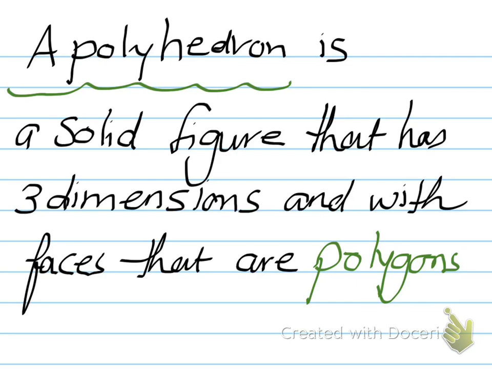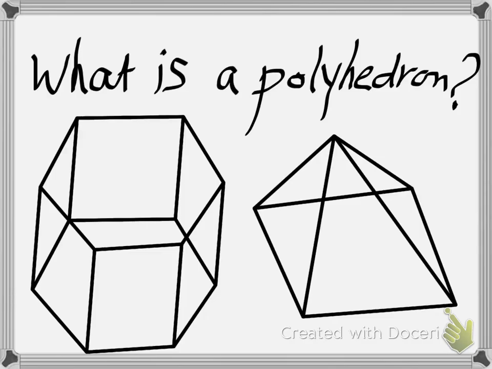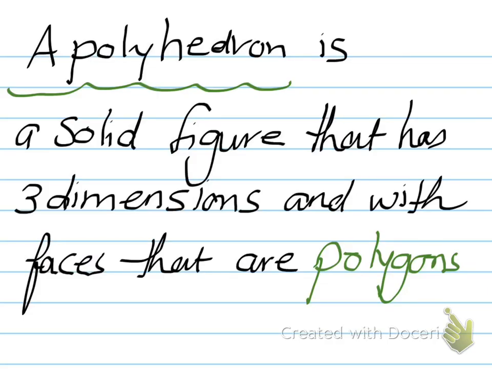All the faces in here are polygons. So a polyhedron, as we said, is a solid with three dimensions, length, width, height, and all the faces are polygons. We have two types of polyhedrons.